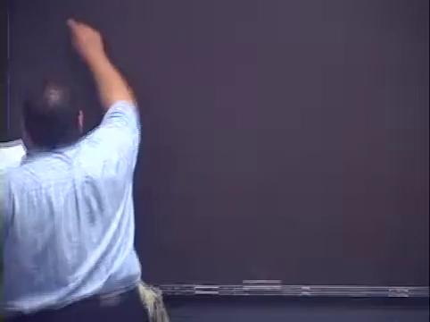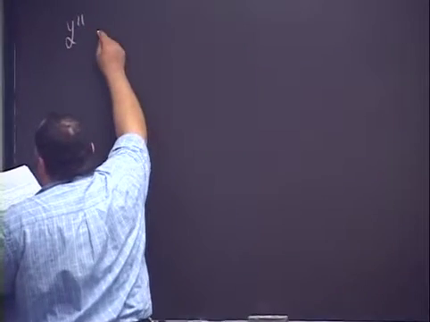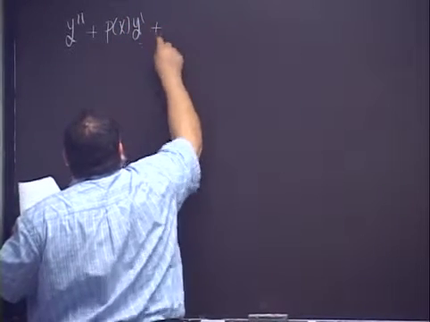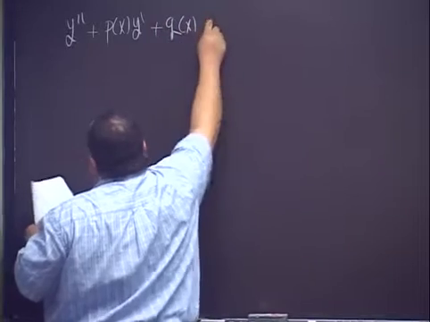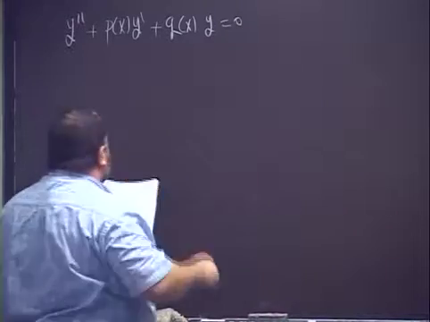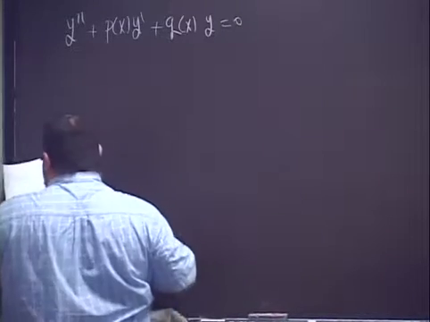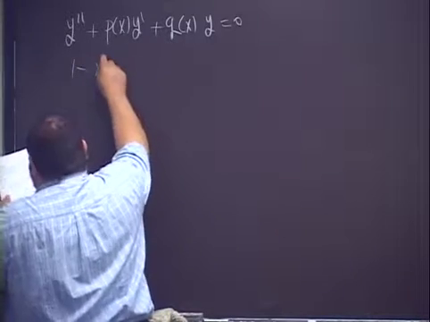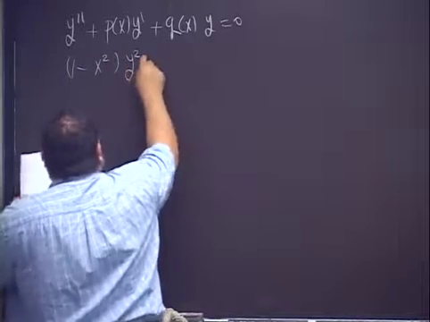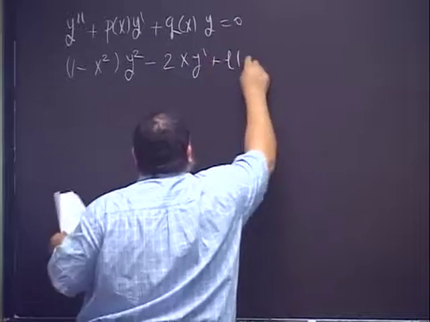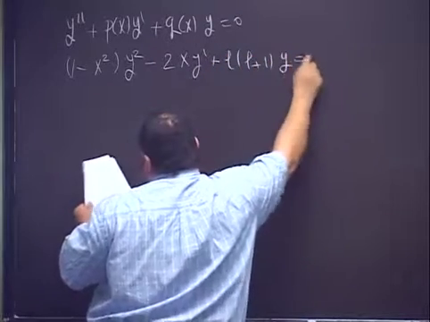So last time we wrote the Legendre polynomial y double prime plus p of x y prime plus q of x y equal to 0. This is the general form. So the Legendre equation is 1 minus x squared y double prime minus 2x y prime plus L times L plus 1 y equal to 0.